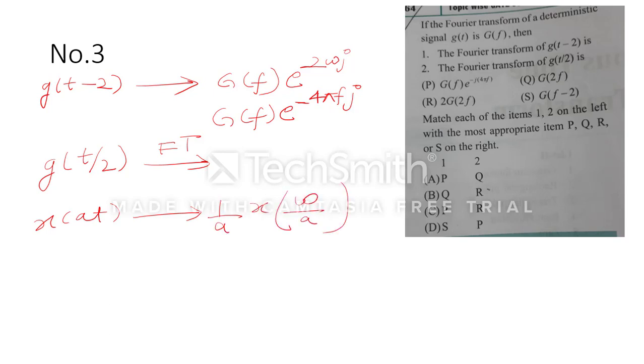So here t by 2 is there. So suppose a is nothing but 1 by 2 over here. So 1 by a becomes 2, and G of omega by a, which in the form of frequency becomes 2f. So we can see that for the second, R option will be correct, and for the first, C will be the right choice.